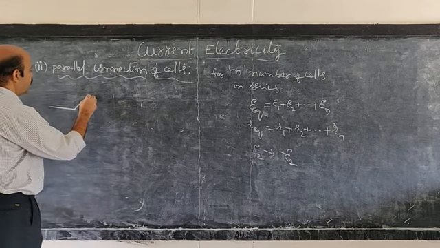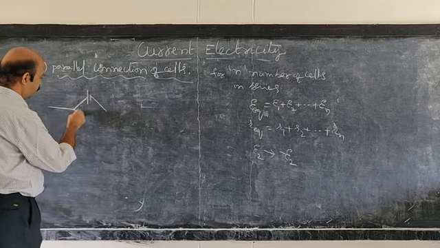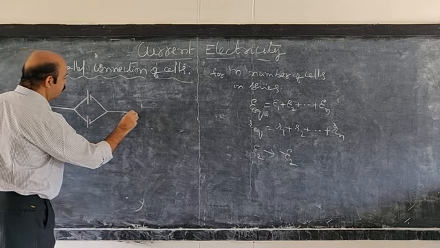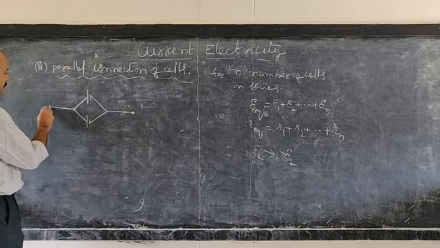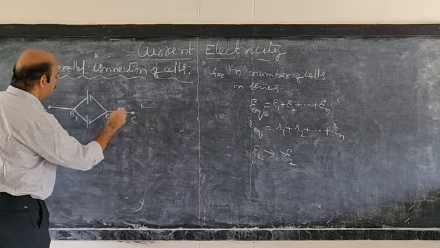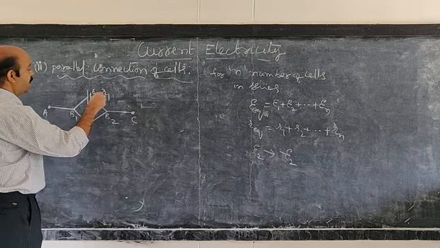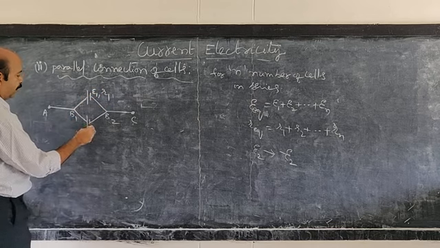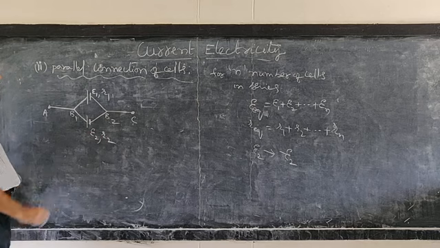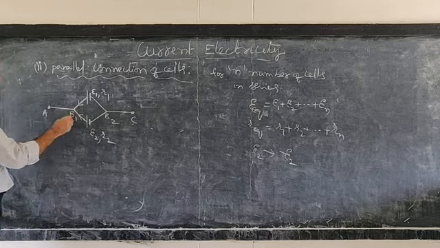Suppose two cells are connected like this. So this is a cell with EMF E1 and internal resistance R1, and this is a cell with EMF E2 and internal resistance R2, like this.